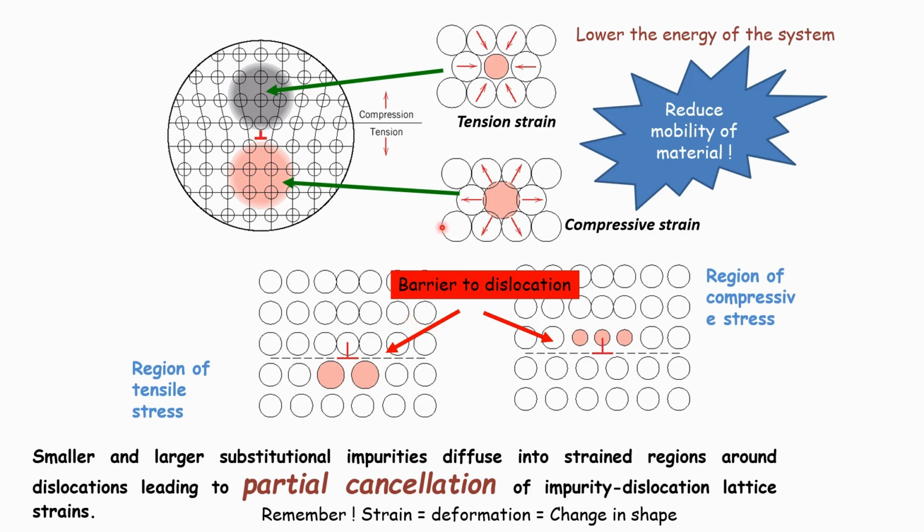And whether the solid atoms attract or repel dislocation, basically we can say that the motion of dislocation itself will be hindered or impeded.